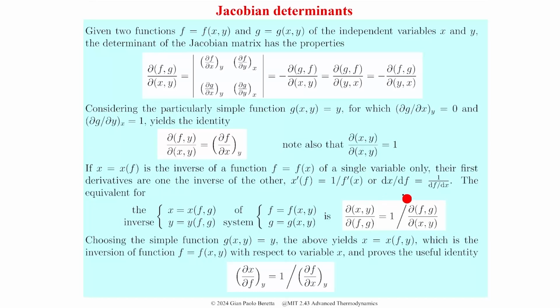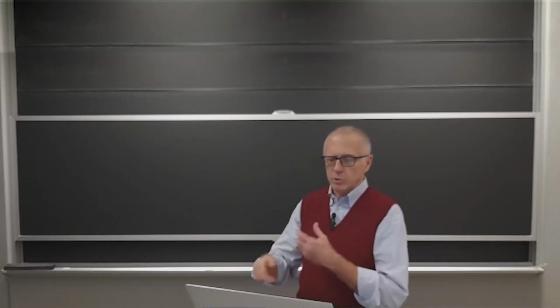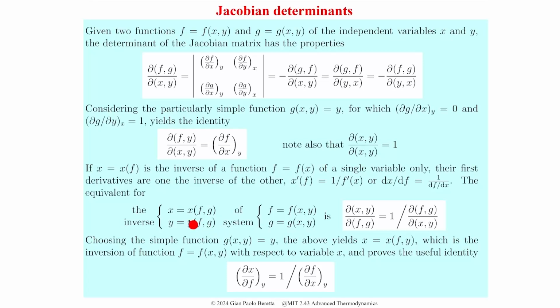And the equivalent for a system of two functions of two variables is that the Jacobian of the inverted system, when you solve this system of equations to put in evidence x and y as a function of f and g, so you change the independent variables, and so you invert, is equal to the inverse of the Jacobian of the original system.